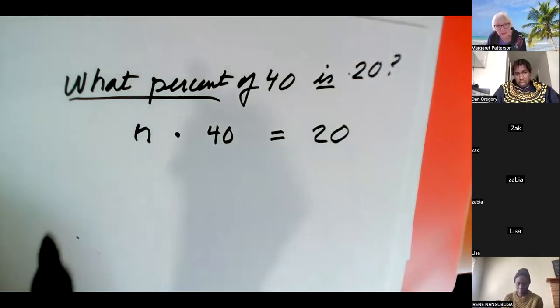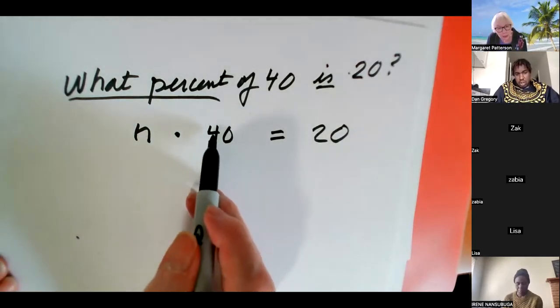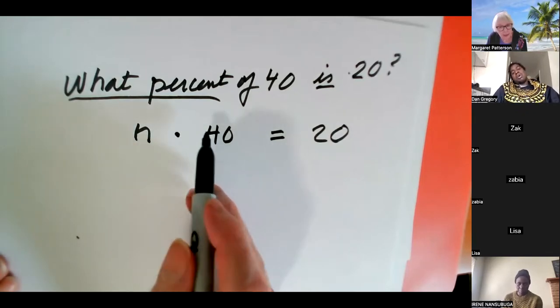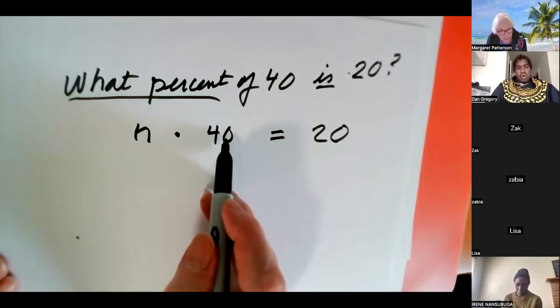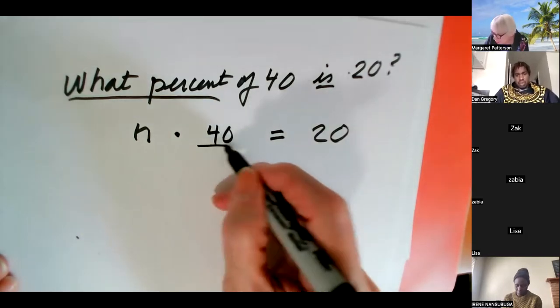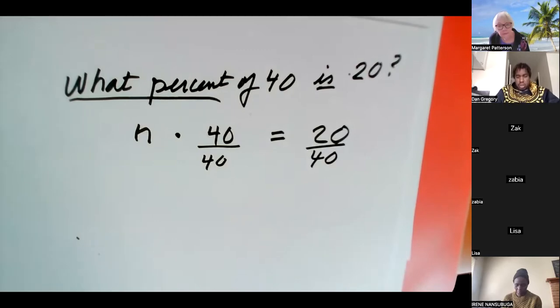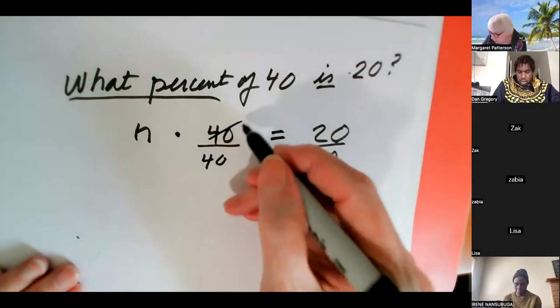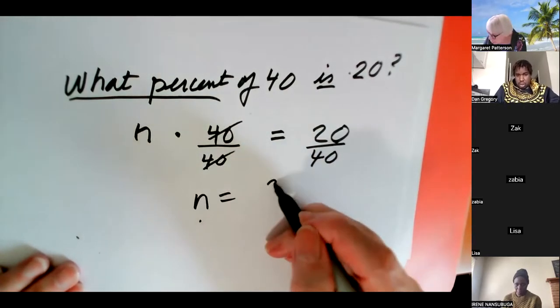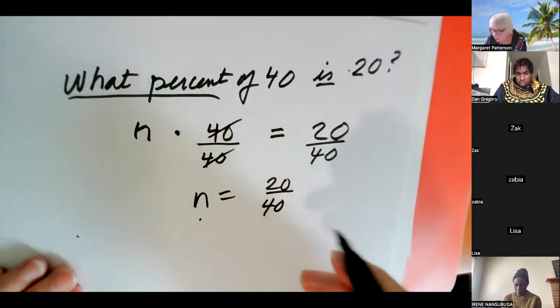Correct. Remember how we did these problems where you had a letter and it was multiplied to some number? And you ended up dividing both sides by the same number? Remember, we already have that skill. N equals 20 over 40.